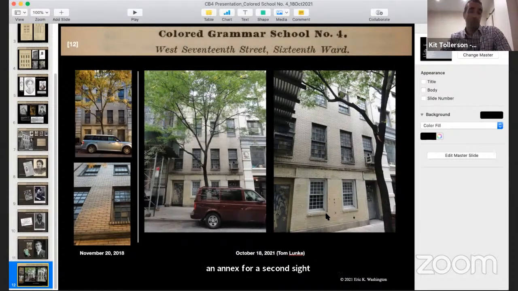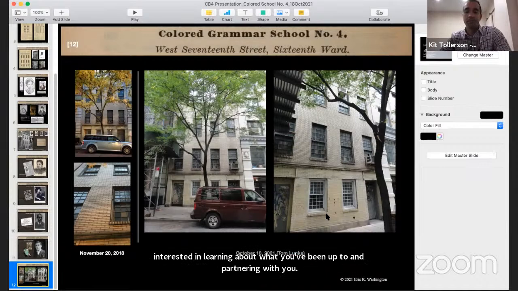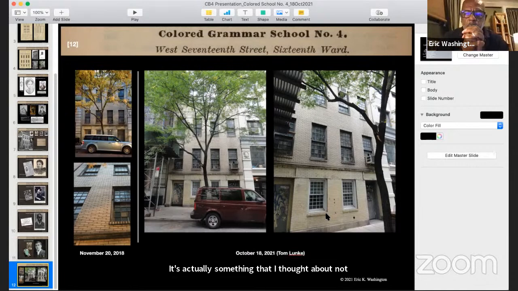And I don't know where those conversations went, but perhaps they or an institution like them might be interested in learning about what you've been up to and partnering with you, furthering your efforts in some way. It's actually something that I thought about, not particularly with NYHS, but possibly with the Schomburg. So I'm actually glad to hear somebody thinking of the same thing there.